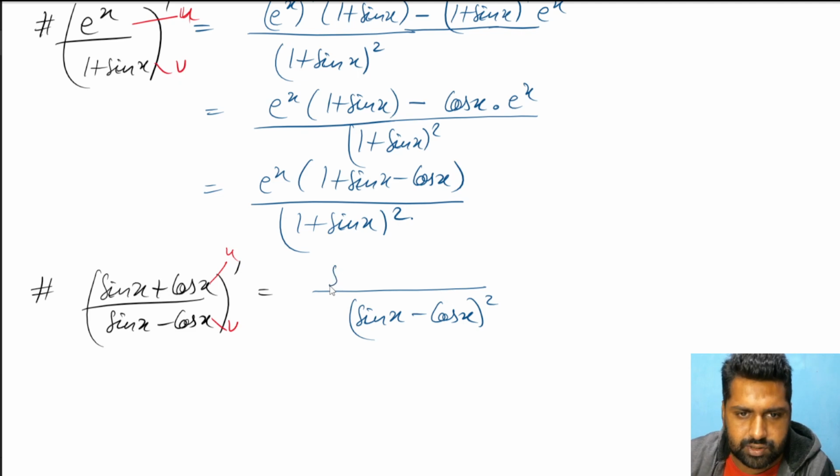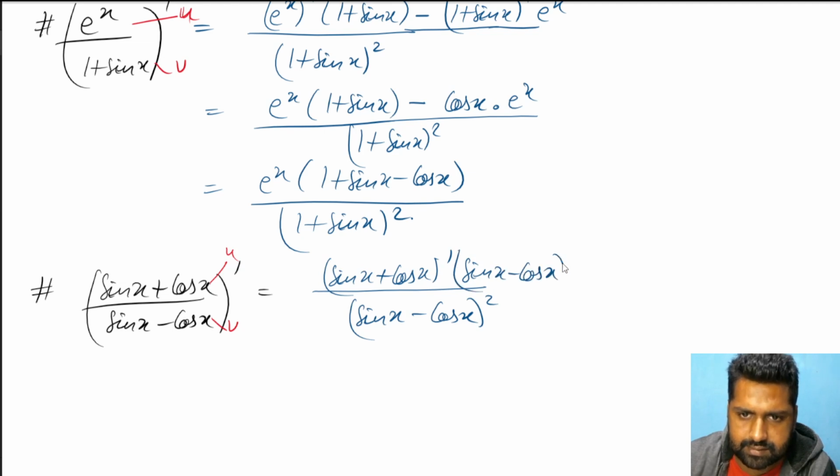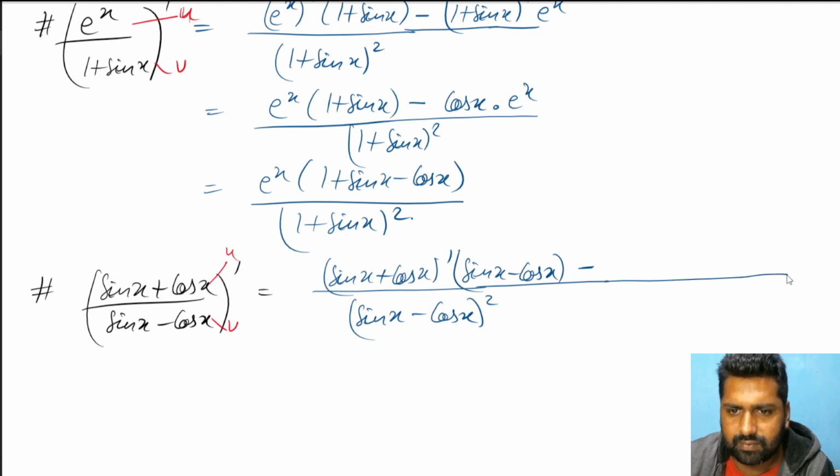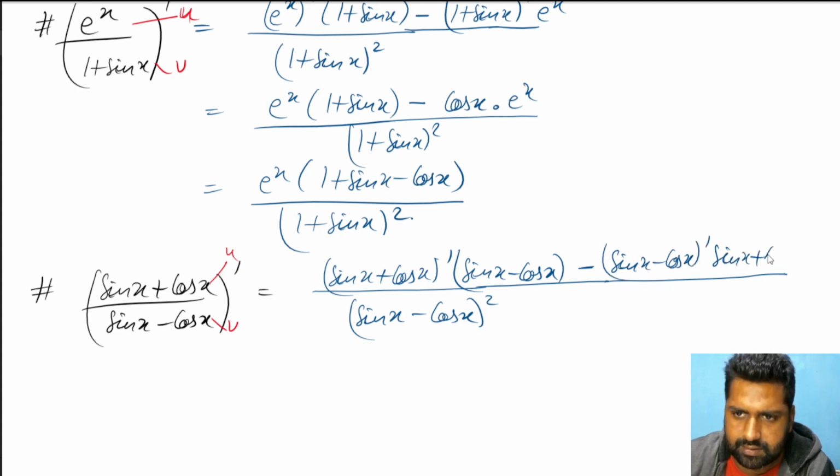Now differentiation of numerator, sin x plus cos x dash, sin x minus cos x as it is, minus, this time do the reverse, sin x minus cos x differentiation, sin x plus cos x as it is.